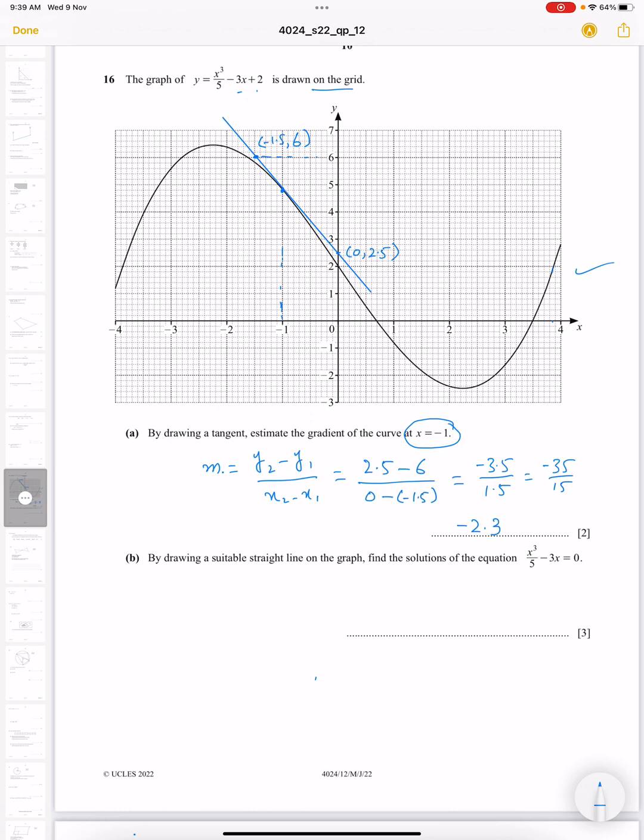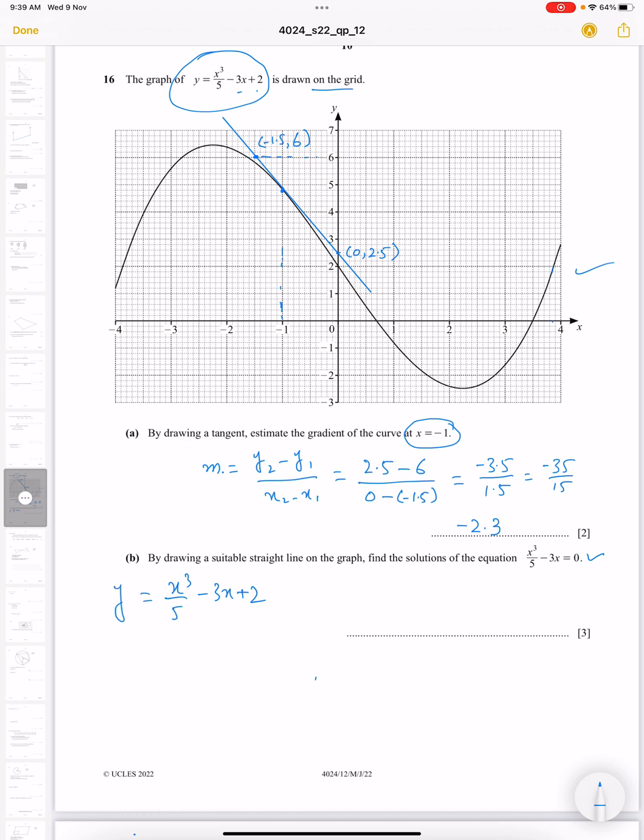The next question: by drawing a suitable straight line on the graph, find the solutions of the equation x cube over 5 minus 3x is equal to 0. Now, as you can see, the function given to us here is x cube over 5 minus 3x plus 2 is equal to y.